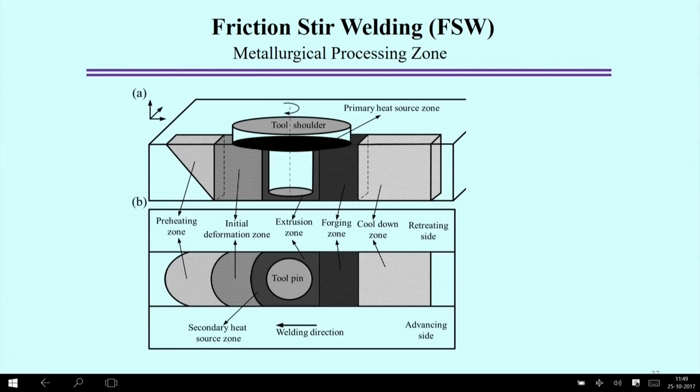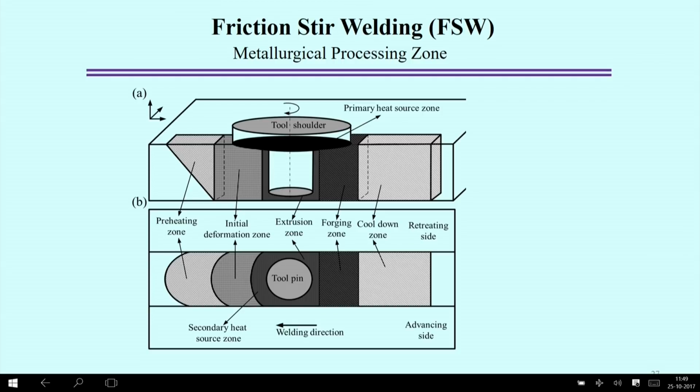From the figure, we need to define the rotational direction of the tool, whether it is clockwise or anti-clockwise, and the direction of the welding. Based on that, in the front side is the preheating zone, and then the initial deformation zone, and then just around the tool is the extrusion zone.